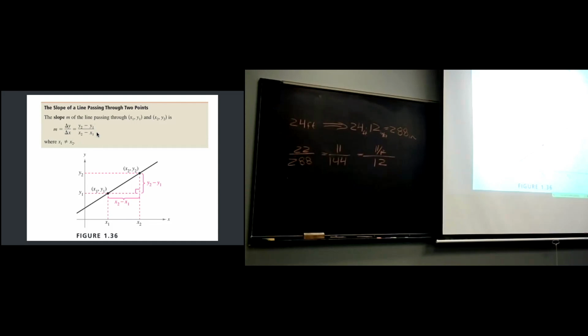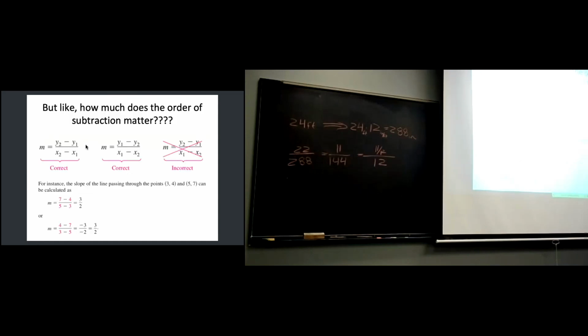Now a question might occur, does order matter? Could I swap y1 and y2? The answer is yes, if you swap x1 and x2, but only if you swap x1 and x2. So the way you take the change of y has to be the same way you take the change of x. Is everybody cool with this? In other words, these have to agree in where the points are coming from.